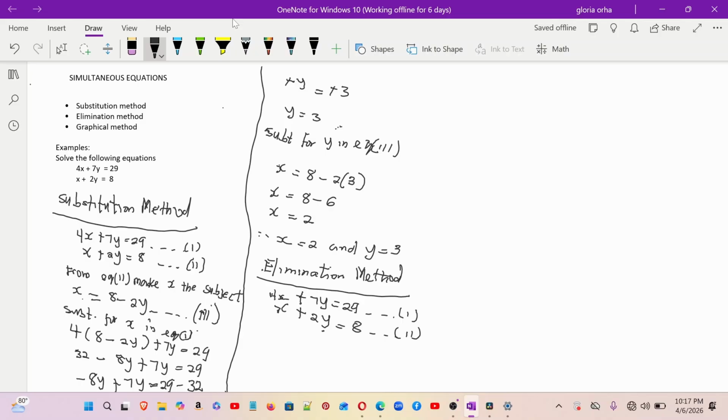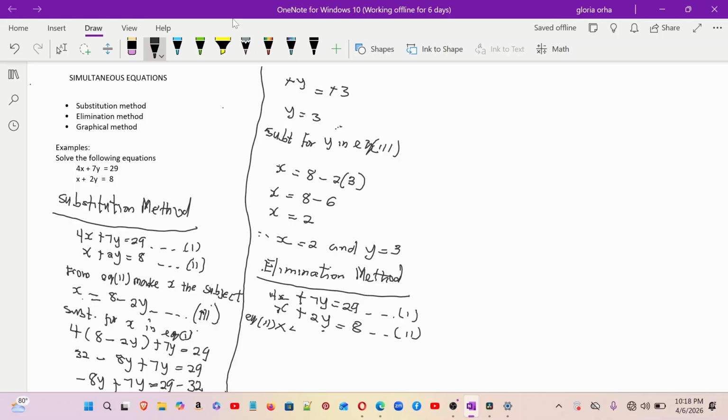The easiest way to go about this is to multiply equation 2 by 4 so that it can be 4x and 4x. We can now eliminate it. So we multiply the whole of equation 2 by 4, not just 4x. So we say equation 2 times 4.